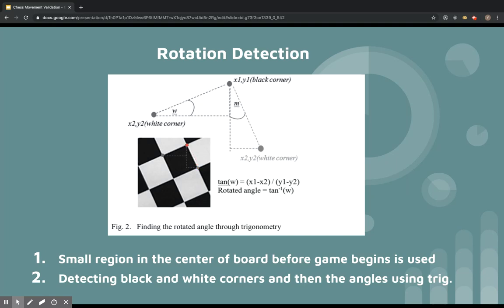And if there's a black corner before and after a white corner, then it's a black corner. I'm sorry, I meant black pixel before and after a white pixel. Then that's considered a white corner.